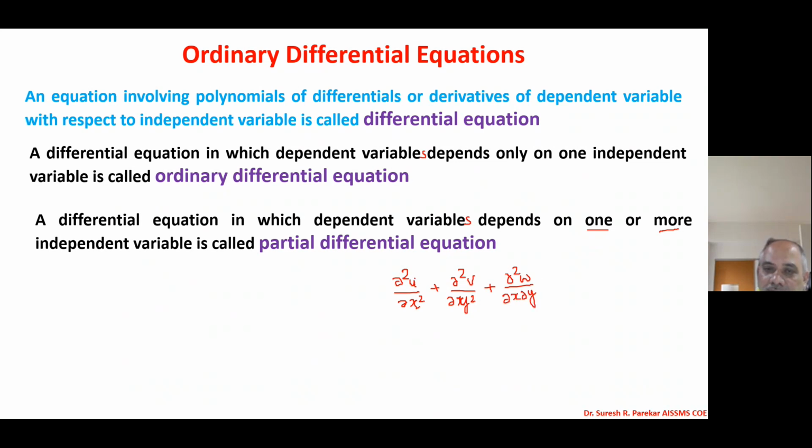So we have dependent variables u, v, w, and these dependent variables depend on the independent variables. u depends on x, v depends on y, w depends on both x and y. So the dependent variables are more than one and the independent variables are also more than one. Then the equation is known as a partial differential equation.